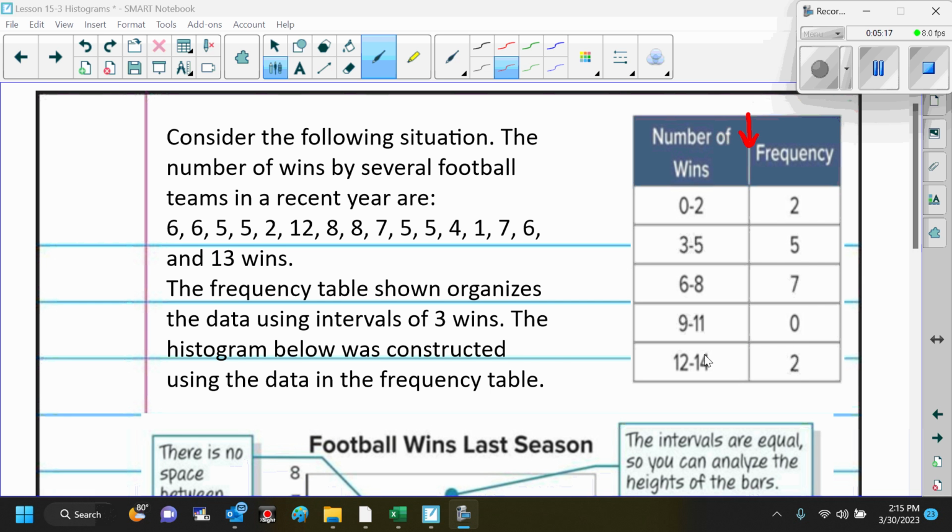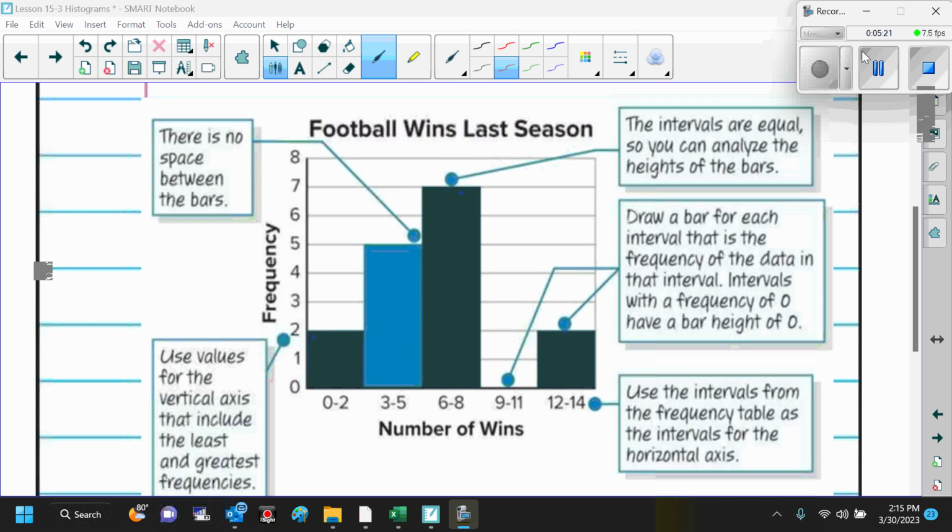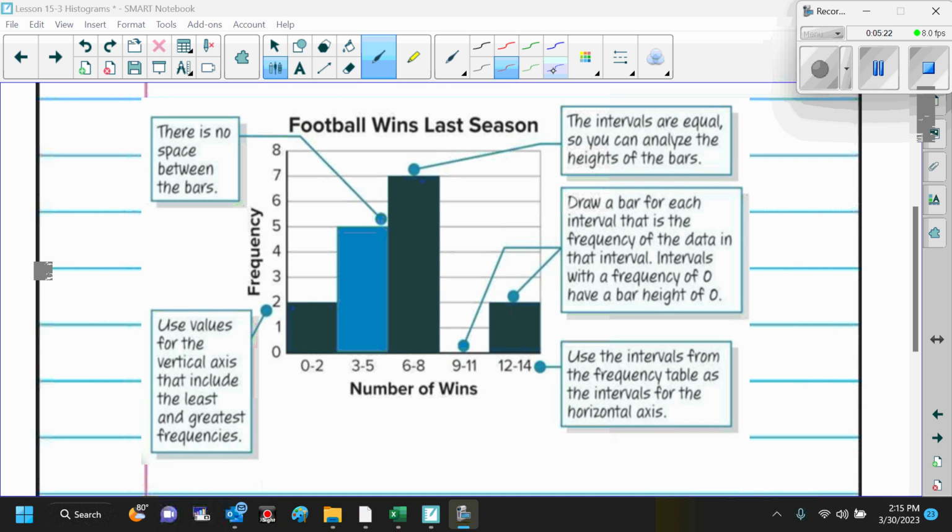Okay? Now, when we look at the histogram here, you will see that there are no spaces in between each of those bars, right? Now, there's a space right here, but that's just because there were no wins in the interval 9 to 11, okay?